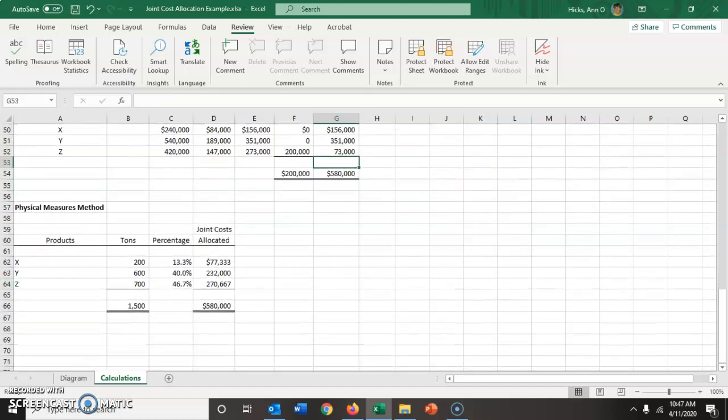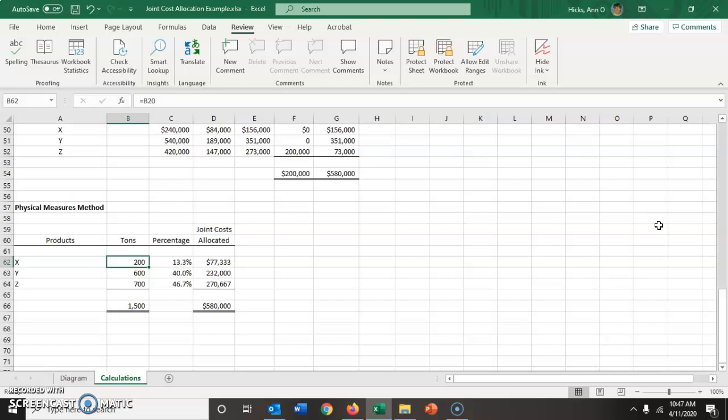And then the last method is the physical measures method, and it basically says we're going to ignore sales value, costs, all of that, and we're just going to allocate the joint costs based on the amount of tons of product. So it's a weight thing or a volume thing. We're not tying it at all to costs or work done or anything.